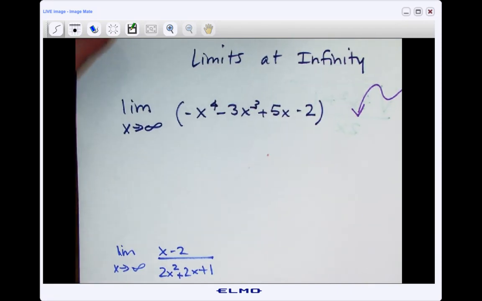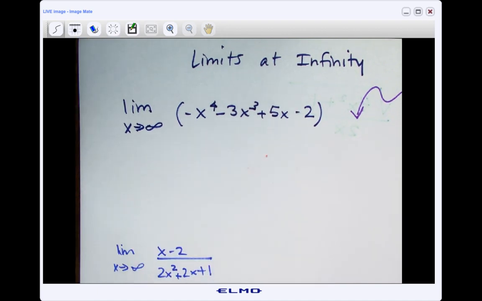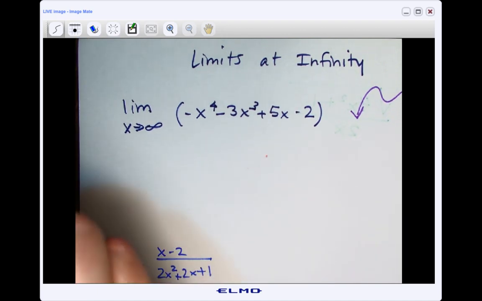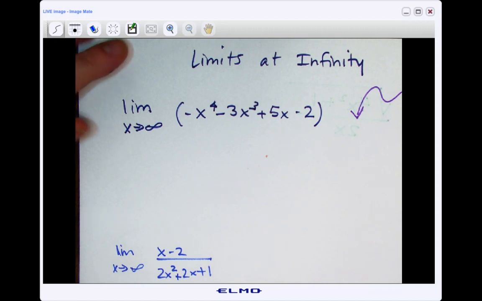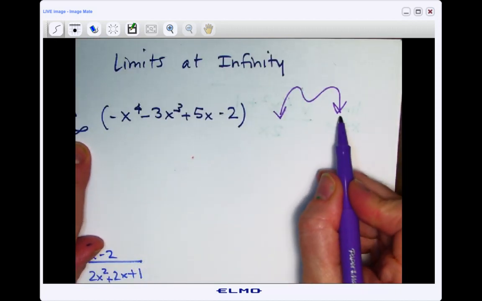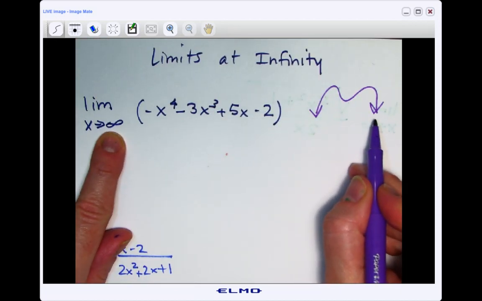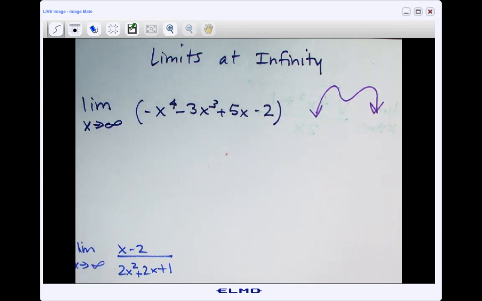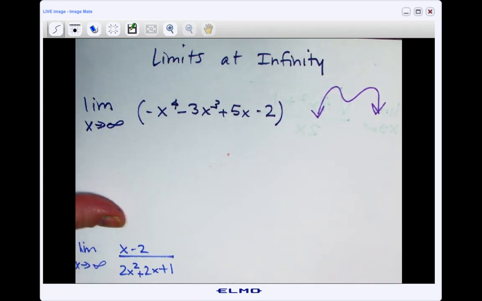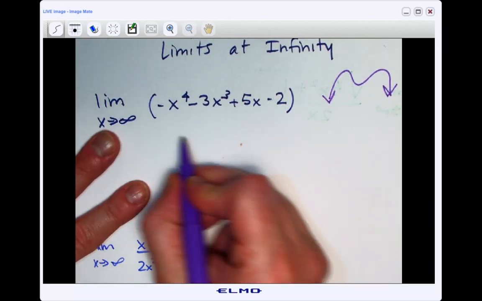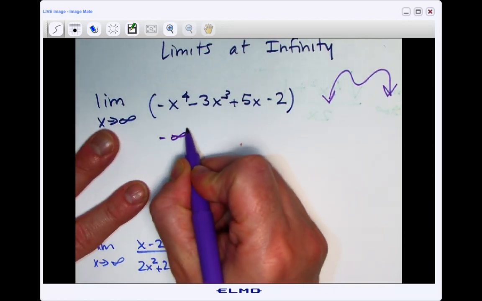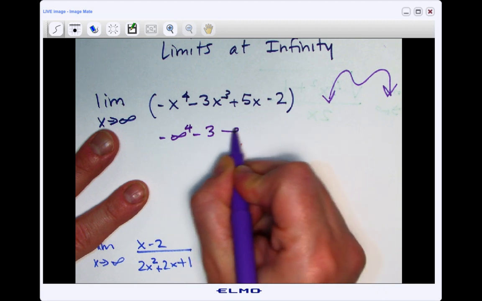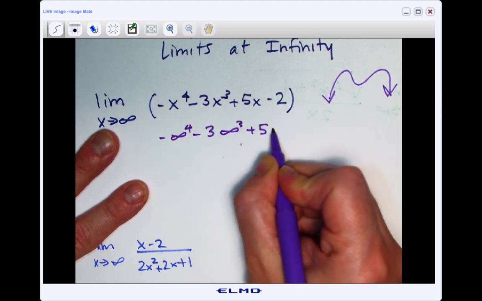So when you see a limit of a polynomial like this, what they're really asking for is the end behavior, and only the end behavior on this side, because they want to know when x is going towards positive infinity. One way you could do it is to imagine what the picture looks like. The other way is to imagine it numerically and stick in, if you could, infinity here.